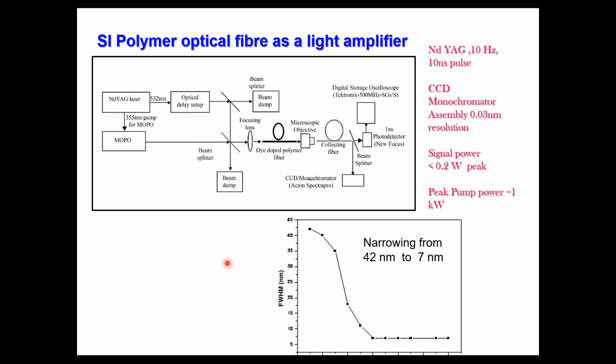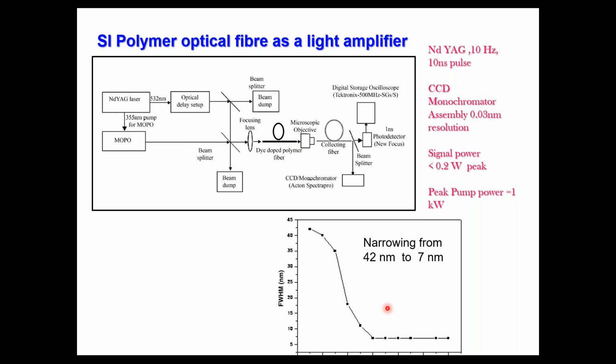the emission or the amplification behavior of this fiber for that 595 nanometer signal that is given from an optical parametric oscillator. This is the signal and this is the pump, and both are combined in space and time and given to the dye-doped fiber.